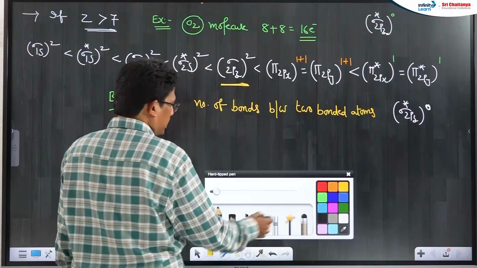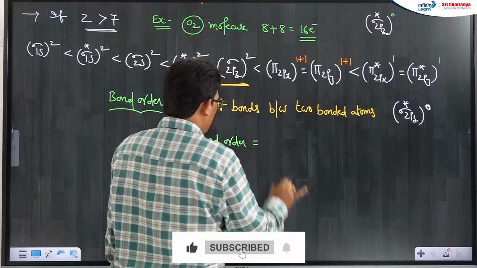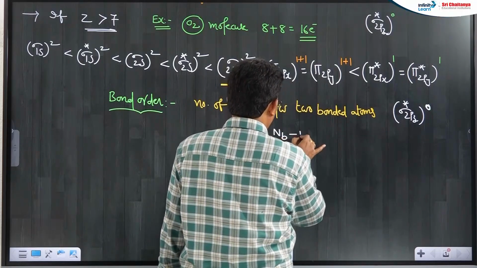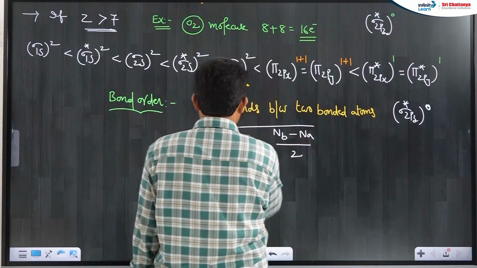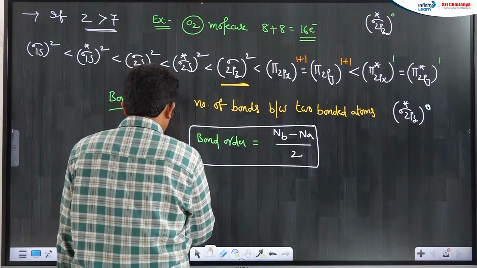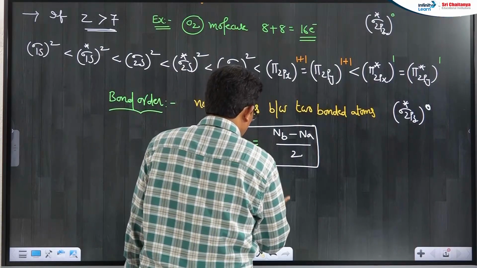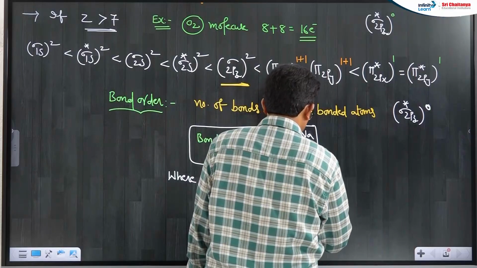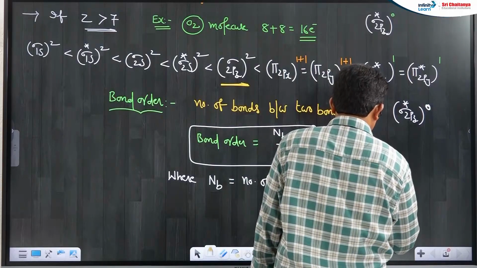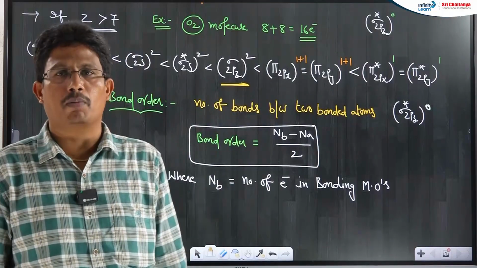The formula used to find bond order is bond order is equal to NB minus NA by 2. Here NB means number of electrons in bonding molecular orbitals, that means orbitals without star mark.